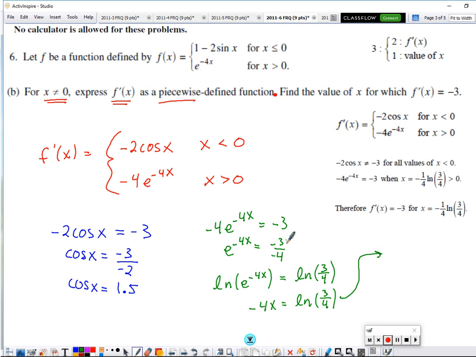Negative divided by negative is positive. Does that make sense? I got you. And I would stop right there. That's full credit. So that would be the third one.